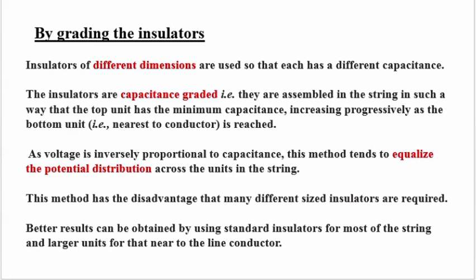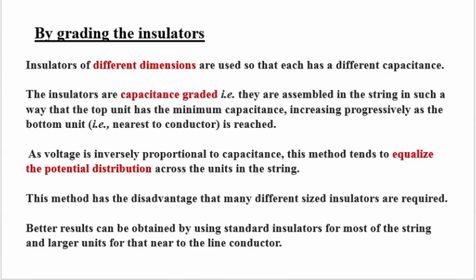Next technique is grading the insulators. Insulators of different dimension are used so that each of them has a different capacitance value. The insulators are capacitance graded, which means that they are assembled in a string such that the top unit has minimum capacitance and the lowest one, which is nearest to the conductor, has the highest capacitance.